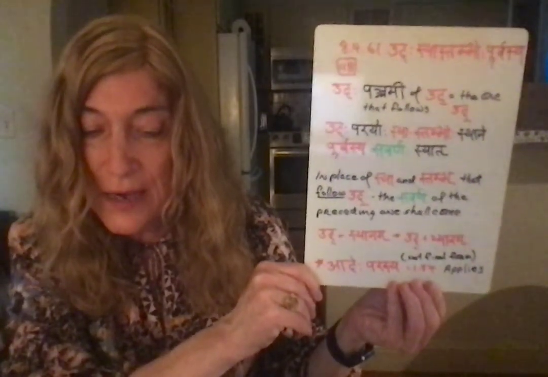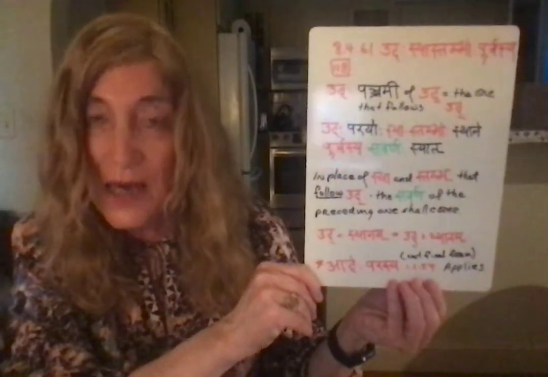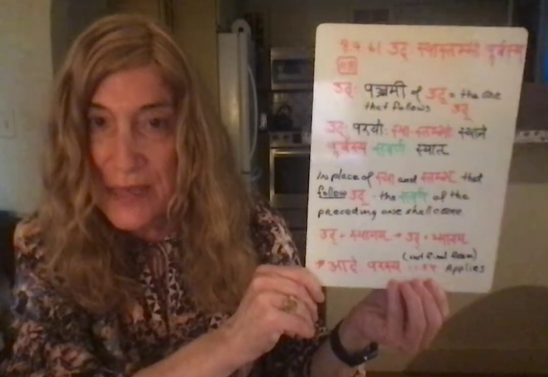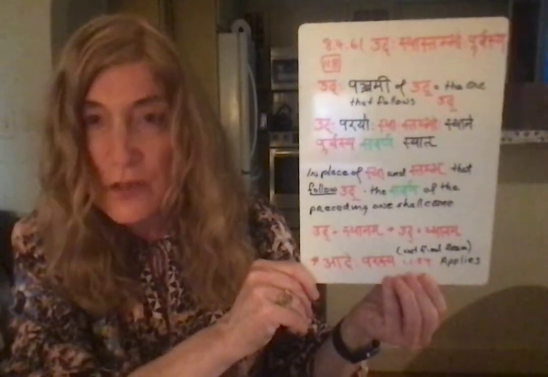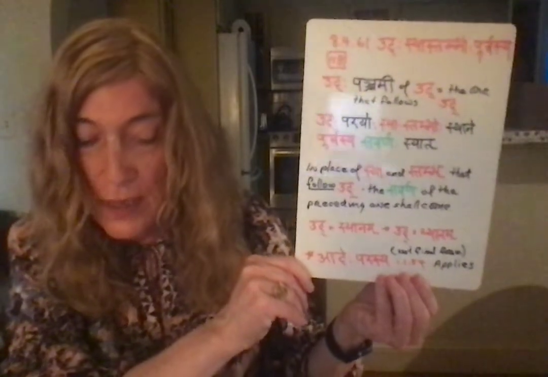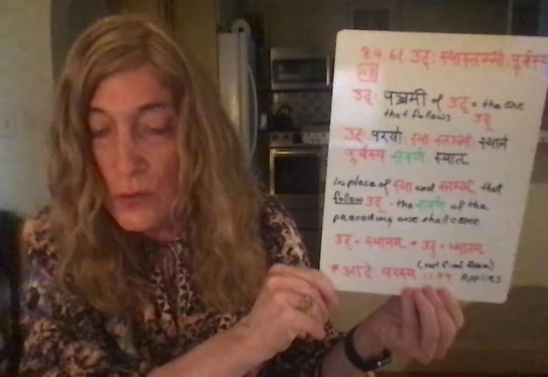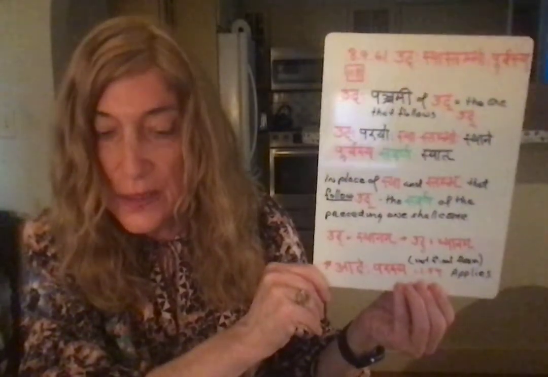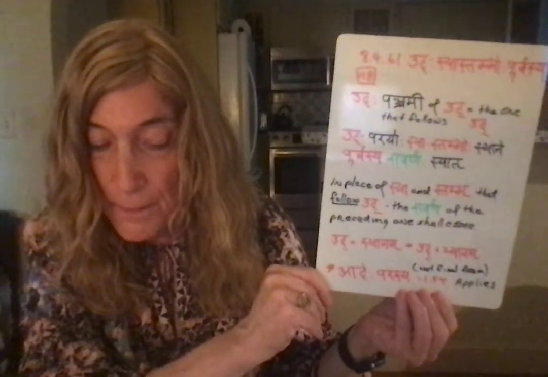So here we have udah parayoh sthastambhoh sthane purvasya savarnah syat. That's filling it in with anuvritti and adhyahara. So the meaning is, in place of stha or stambh that follow ud, the savarna of the preceding one comes.